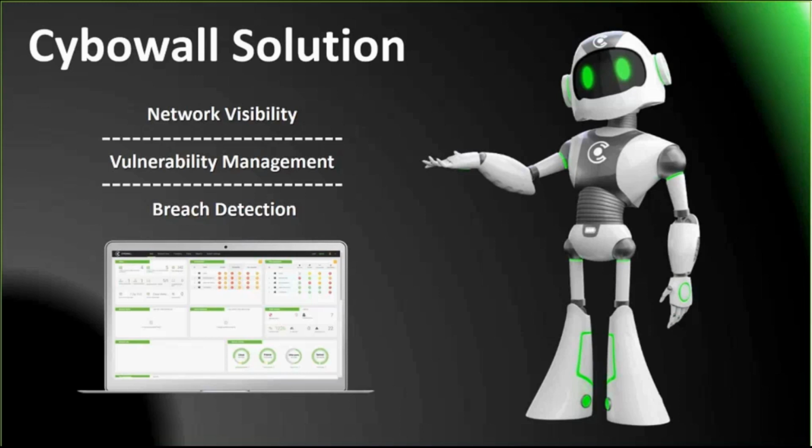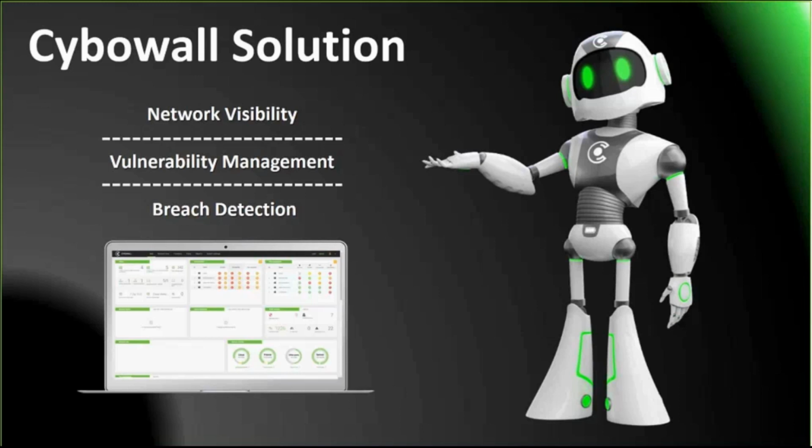Now, just to give you a little background before we start, the cybersecurity market is made up of three main segments. You have the pre-attack tools, the during-attack tools, and the post-attack tools. Some examples of the pre-attack tools would be vulnerability assessment tools and pen testers.